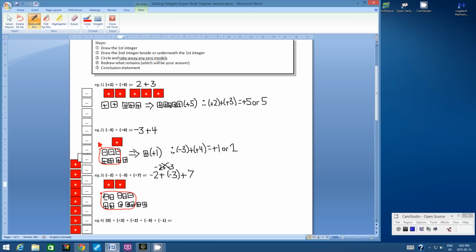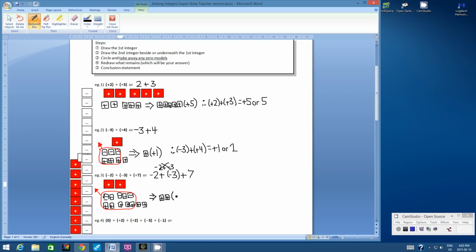5 0 models that I need to show you, to show me that they are being taken away with this arrow here. All right. So step number 4, redraw what remains. We draw this arrow, and what are we left with? We're left with 2 positive tiles.